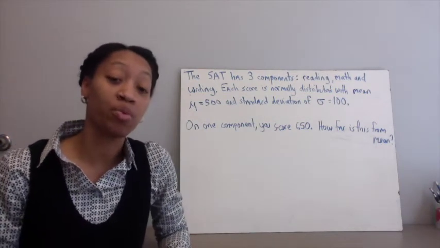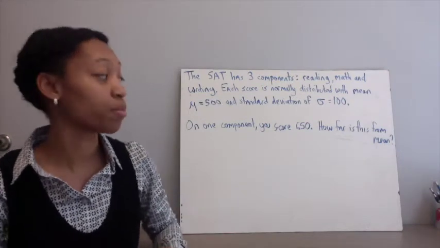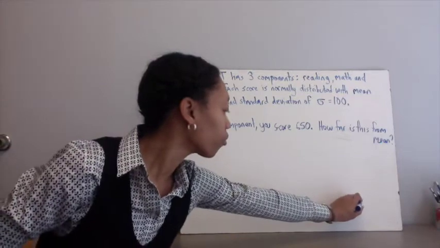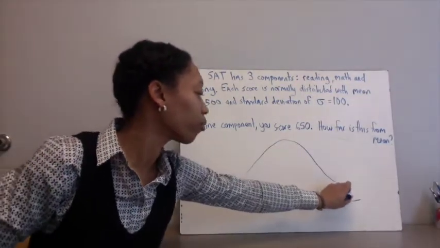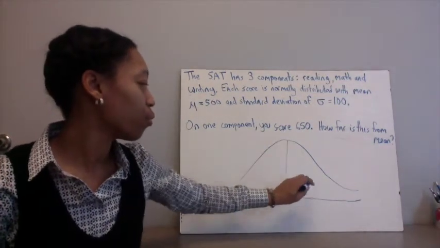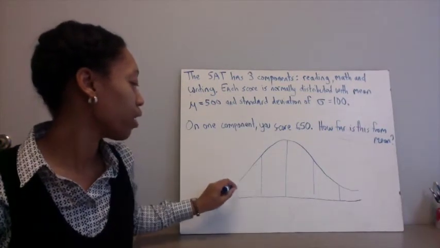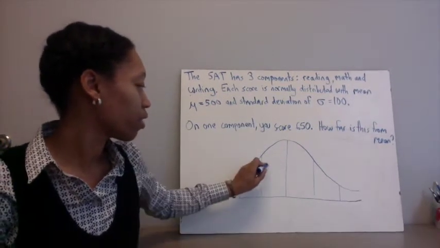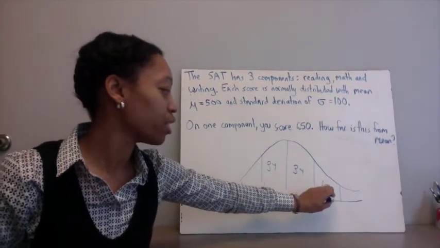Whenever you're doing problems with standard deviation, I think it's great to start by drawing that bell curve. Okay, and we draw it the same way every time, with 3 sections on one side and 3 on the other. The middle ones are 34 and 14 and 2.